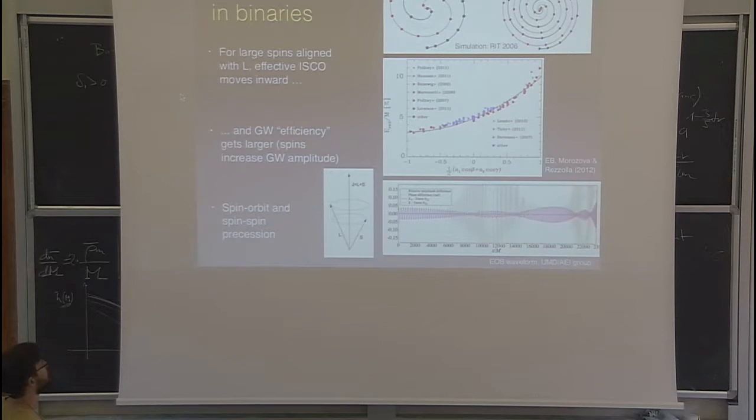Here you have black holes with spins of -0.76 pointing down and orbital angular momentum pointing up. So the spins of the black holes are counter-aligned with the orbital angular momentum.